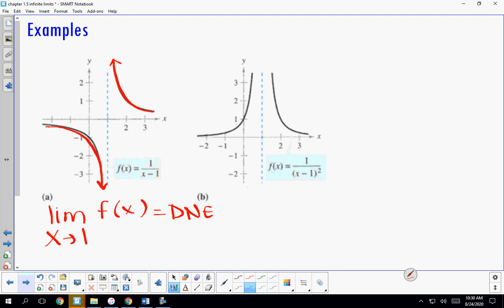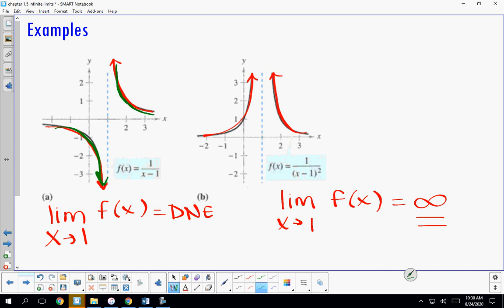If we look at example B, and we look at the limit as x approaches 1 of f of x, here we could say infinity, because from the left and from the right, they're both going up. So this says that limit doesn't exist because it gets bigger and bigger forever.